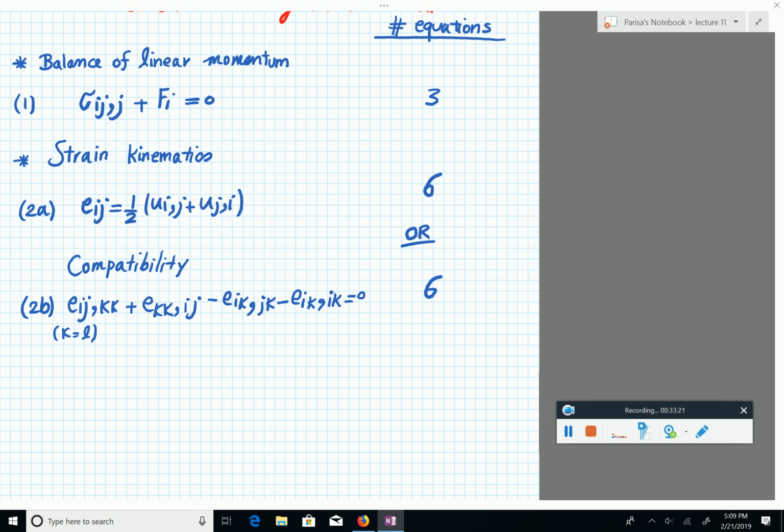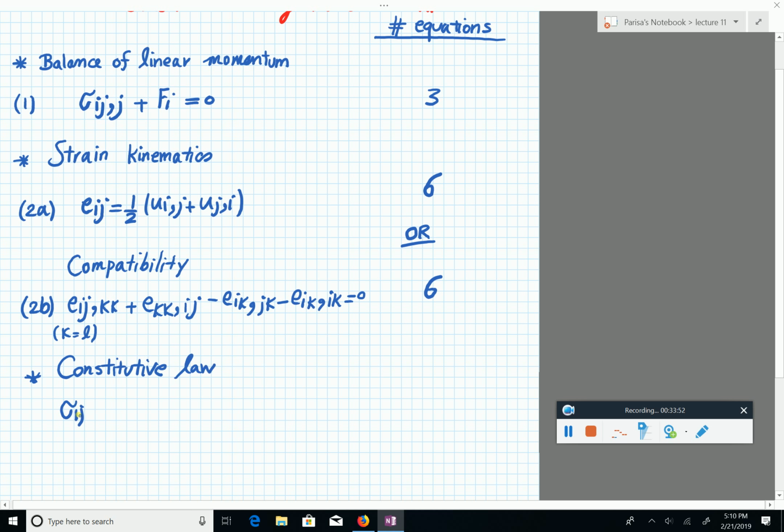And last time we learned another equation for linear elastic isotropic homogeneous materials: a stress-strain relationship. So let's write that also and see how many equations we got. Sometimes this is called the constitutive law, right?